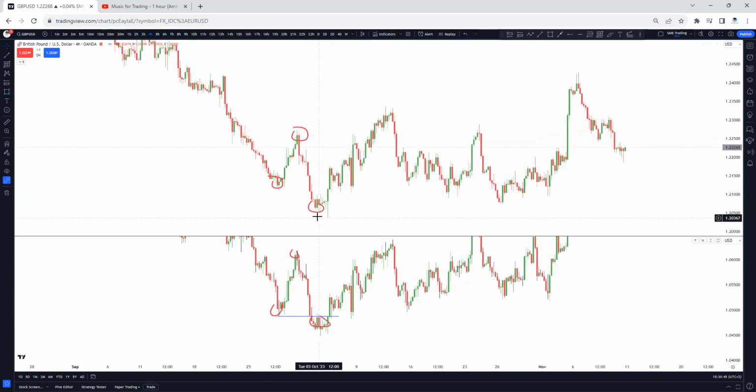So pay attention here. When price breaks structure, I want close to 50% of this move to be delivered here. And when price is retracing in this previous structure, I want price to go up to 50% or beyond 50% to create another high.